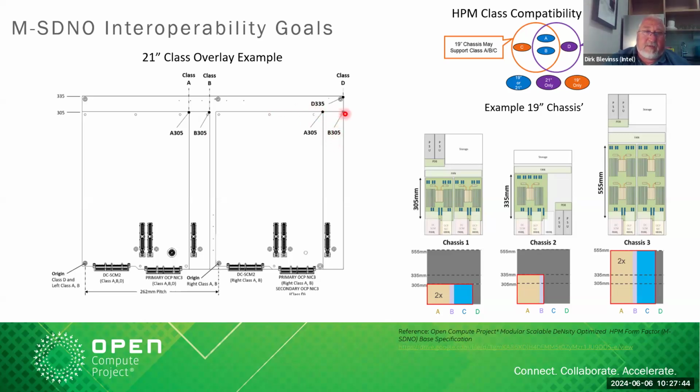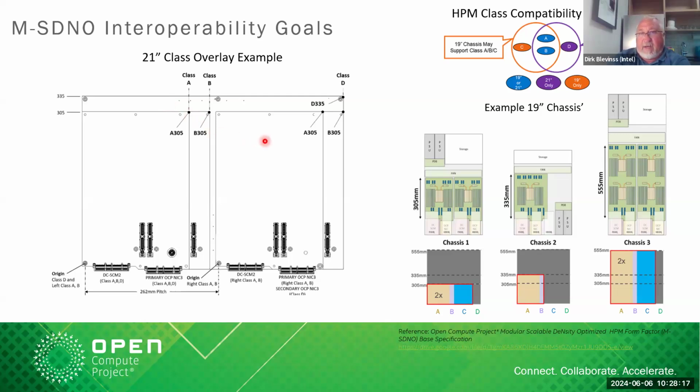By doing the scalability, we have fixed widths and scalable lengths, and by doing that we also don't force ourselves into a situation where the specification is obsoleted too quick. So if we know we need to grow the length beyond 335, it can grow to be a 355 if the CPU complexes or the high speed signaling or whatever starts to require more physical real estate in order to support the solution.